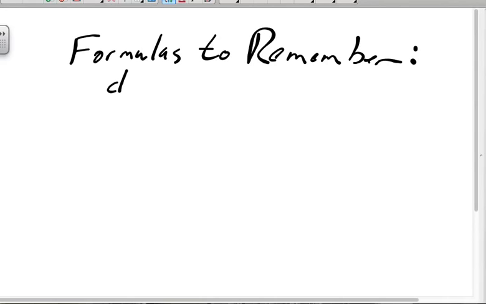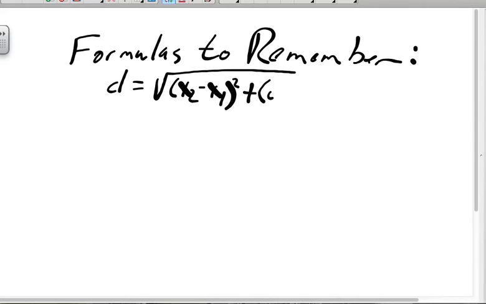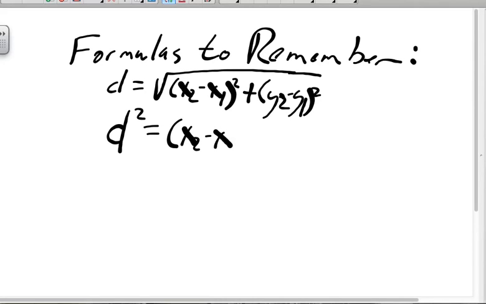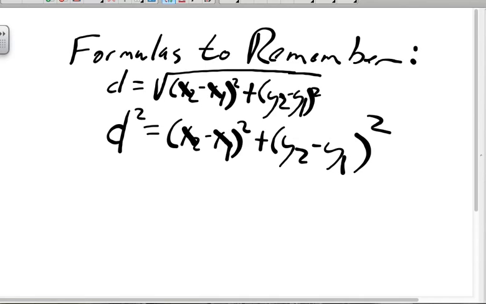Distance is the square root of x2 minus x1 squared plus y2 minus y1 squared. Although an easier form for calculus is to deal with square distance, which will be x2 minus x1 squared plus y2 minus y1 squared.